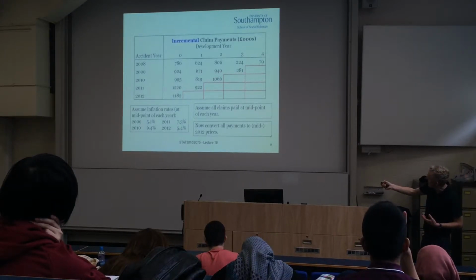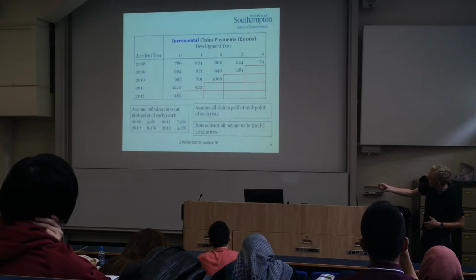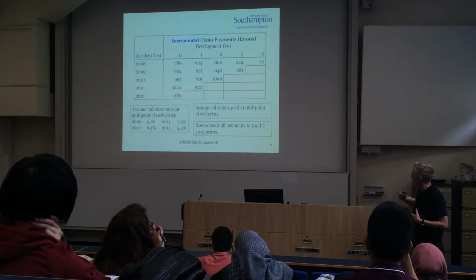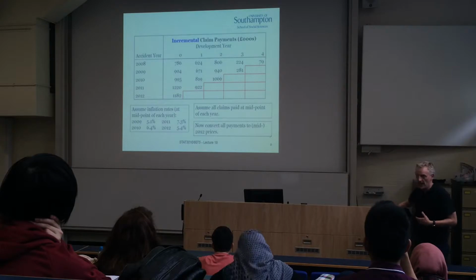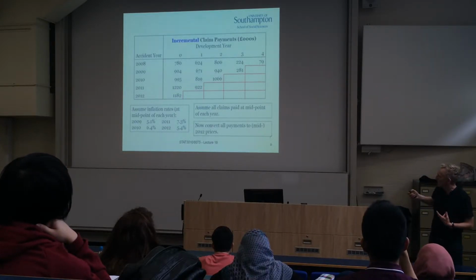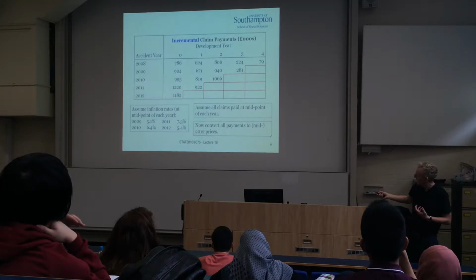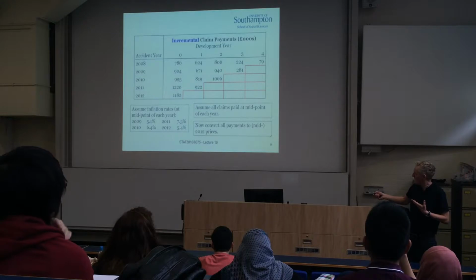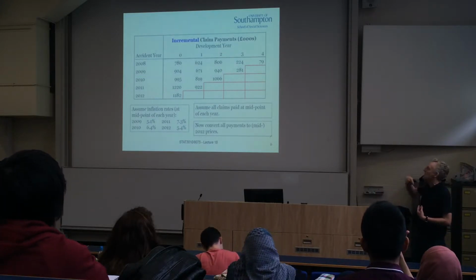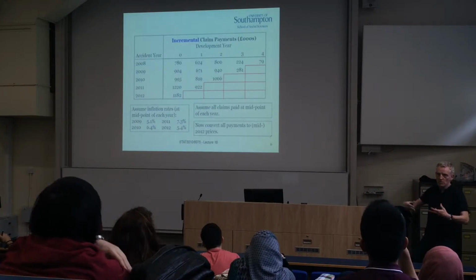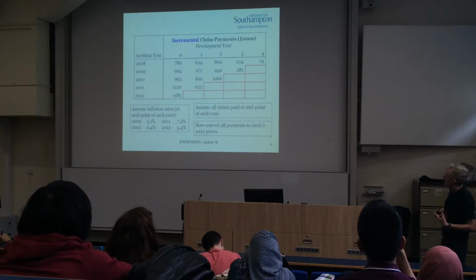Look at these numbers here, 806, 671, 995, those are payments made in 2010. So to get them up to today's prices, we first need to multiply by 7.3%, which is the inflation rate for 2010-11, and also then multiply by 5.4% to get them to today's prices. Okay, and so on.